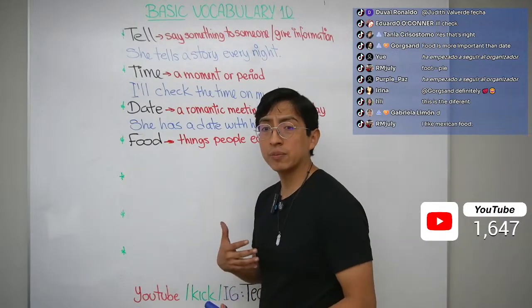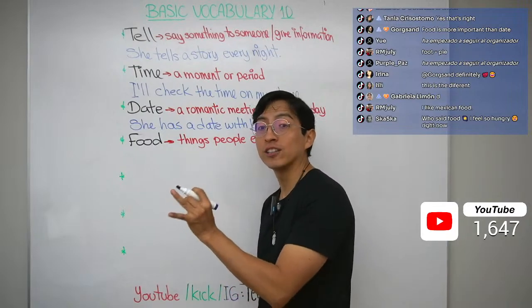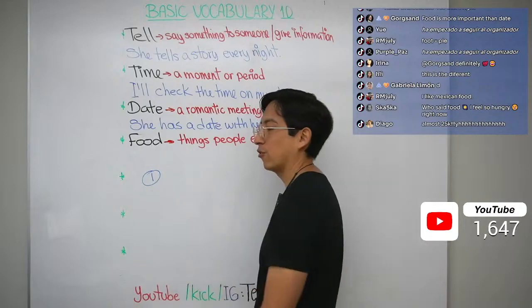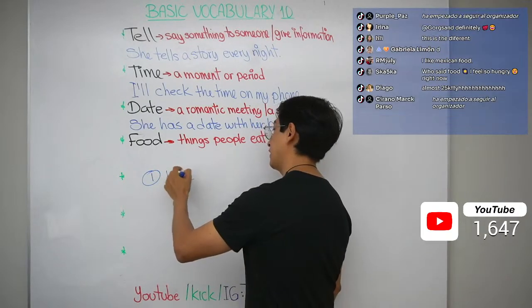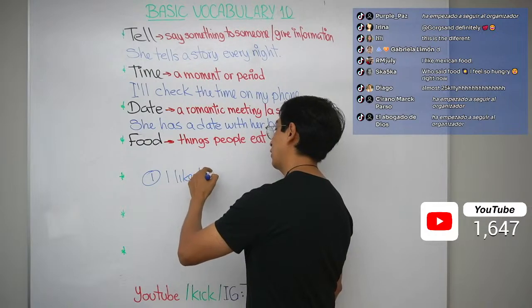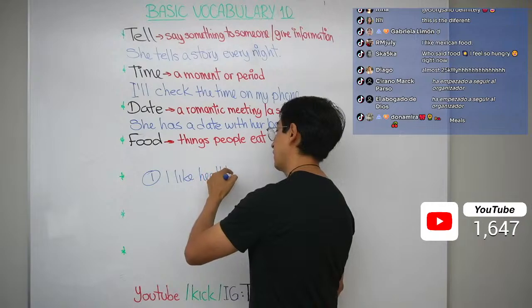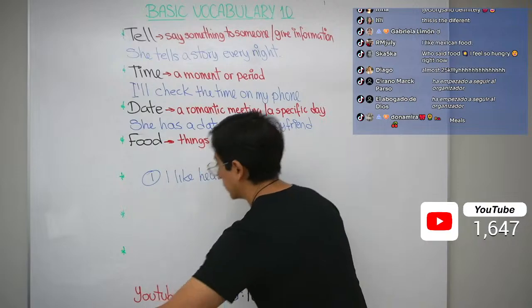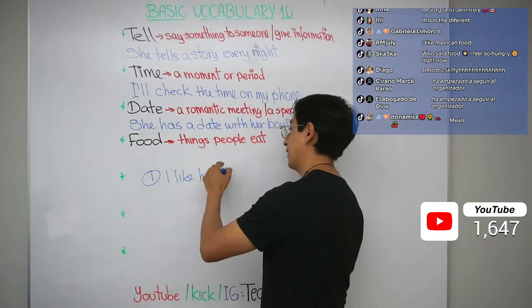What are some verbs that we can use with this? I like Mexican food. Yes, food. Very good. Number one, for example, we can say, I like healthy food. Healthy. Okay, sorry. I like healthy food.